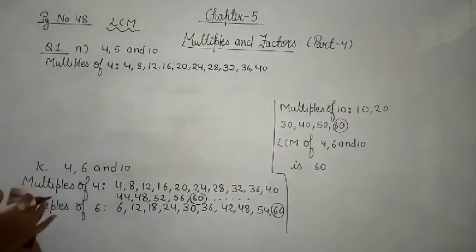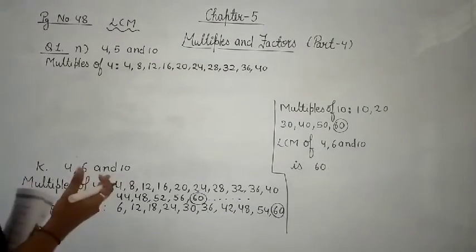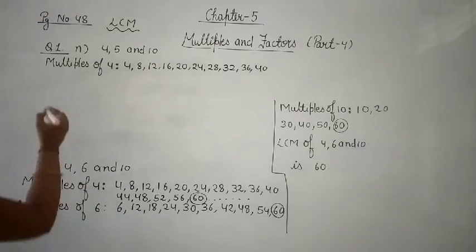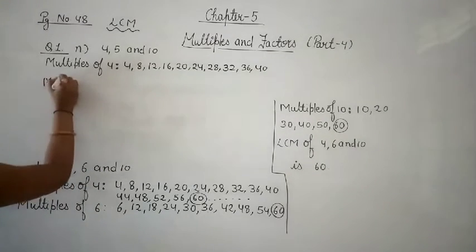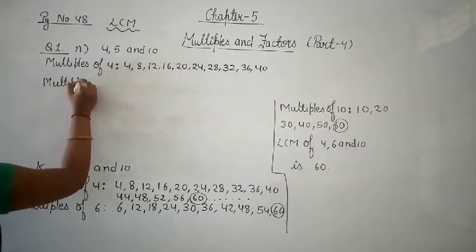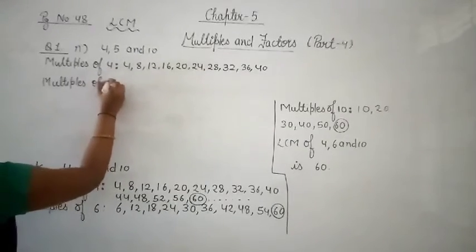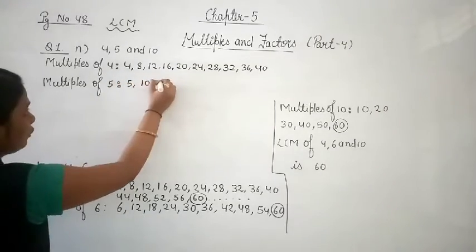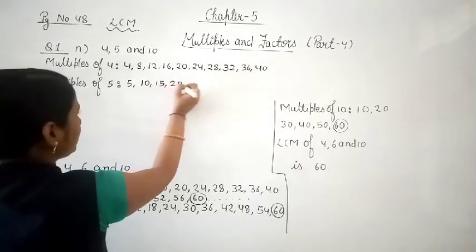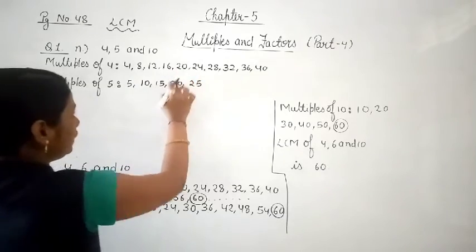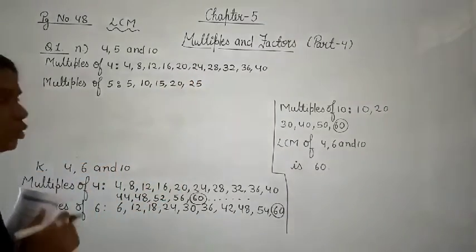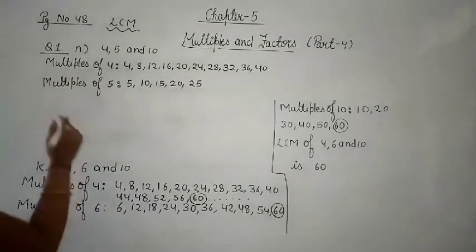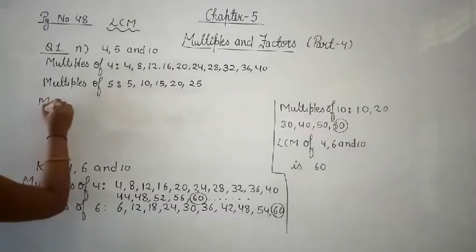Now we will write multiples of 5. Multiples of 5 are 5, 10, 15, 20, 25. Can you see here I have got 20, so I am not going to go further. Now we have to write multiples of 10.